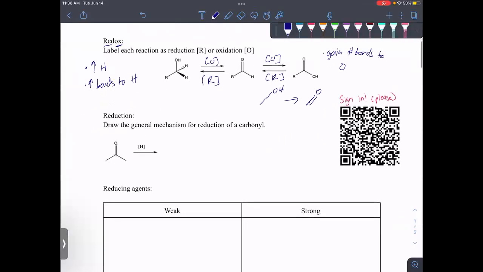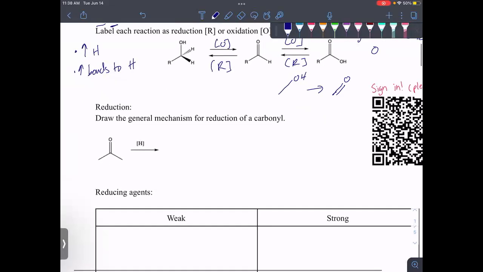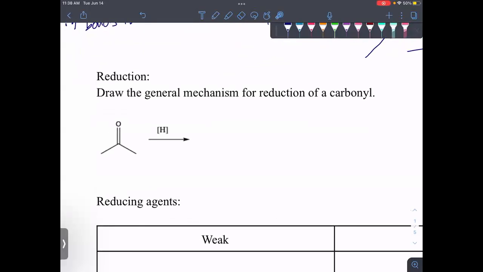So the mechanism of reduction, any ideas? Yeah, that's literally it. So on a carbonyl, you have this carbon and this oxygen. The oxygen is electronegative, so it draws away electron density from this carbon. So this carbon becomes delta positive.